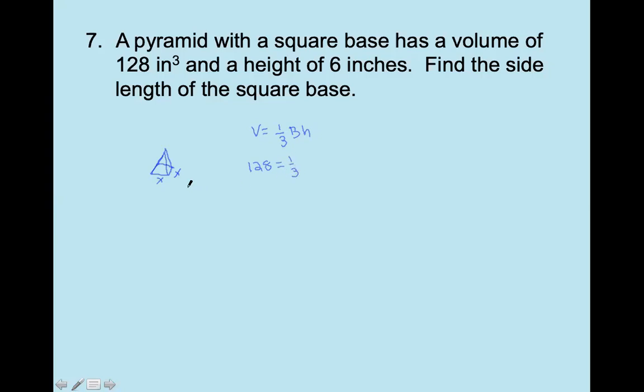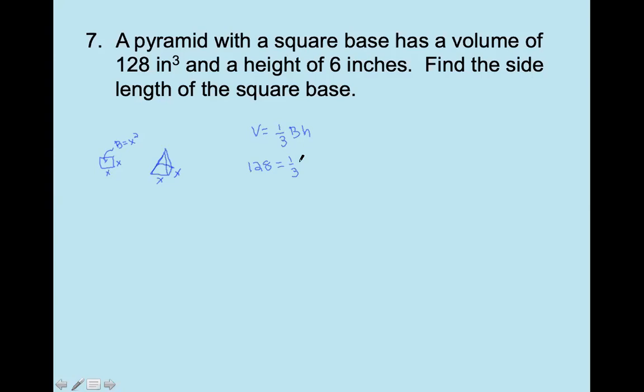We don't know our base area, but if I were to find the area of this square base here, our base is a square. The sides are each x. So the area of that square, this b here, would be x squared.